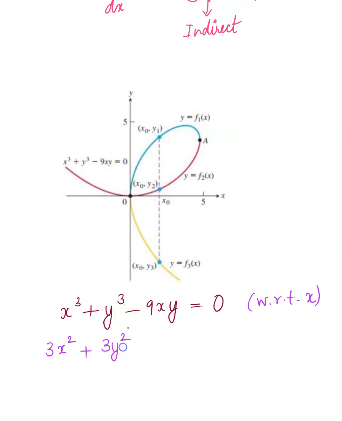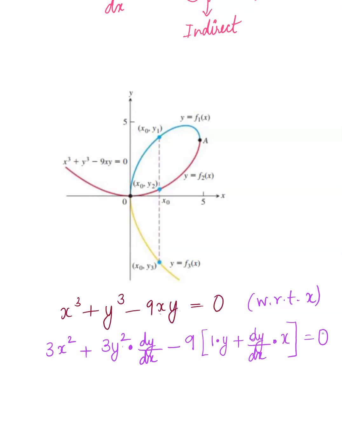So it's 3y squared times the derivative of y, which is dy over dx, the very thing we're trying to find. Minus 9xy, you have the product rule there, so you have the u and the v. So u prime v plus v prime times u equals 0. Can you see that?